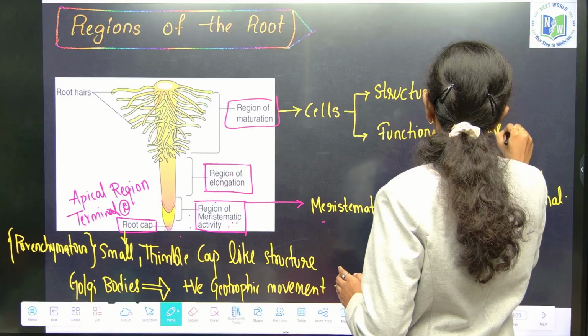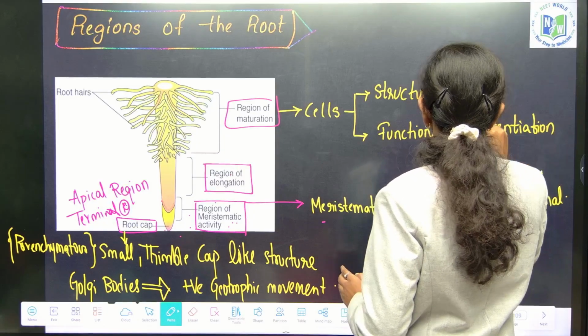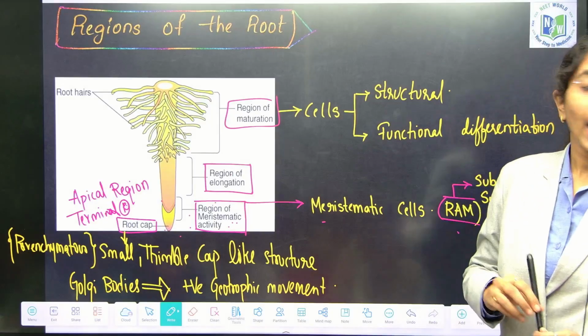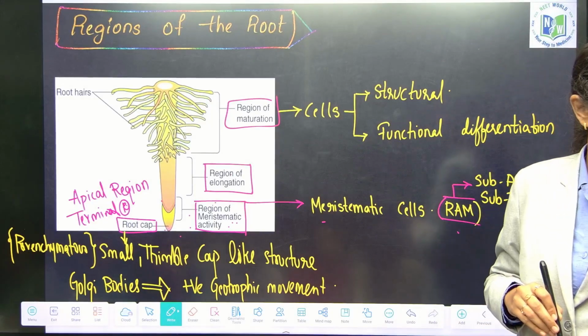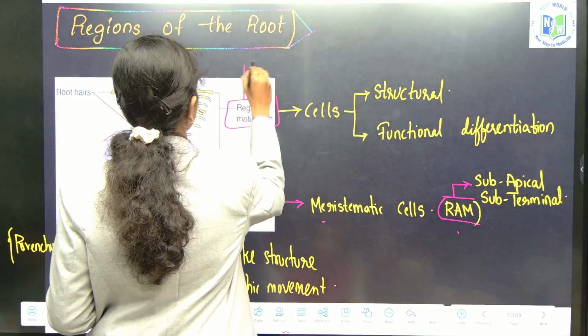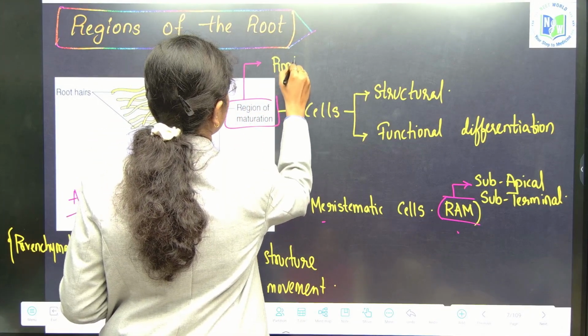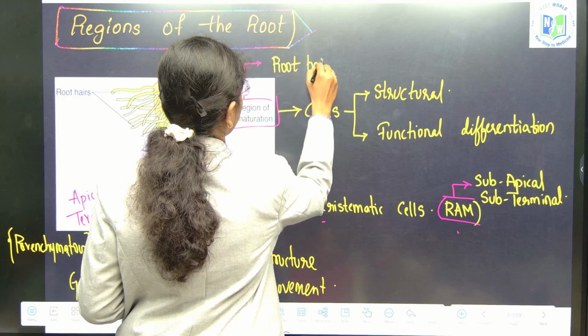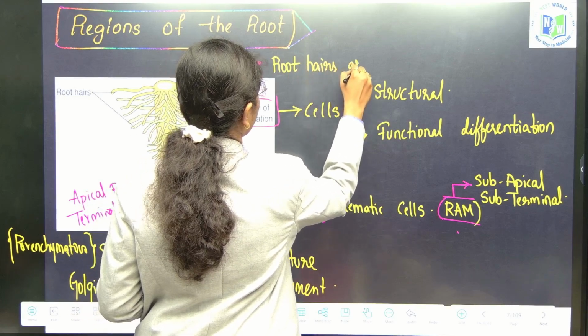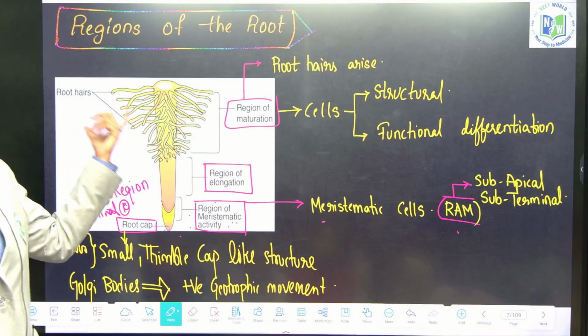In the region of maturation, root hairs will arise. Root hairs arise at the region of maturation.